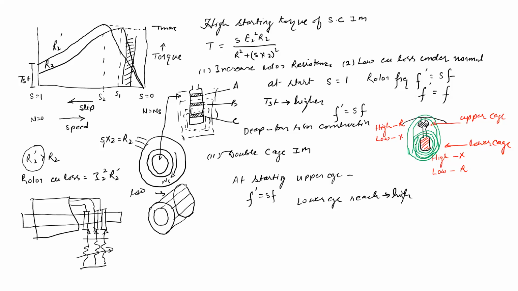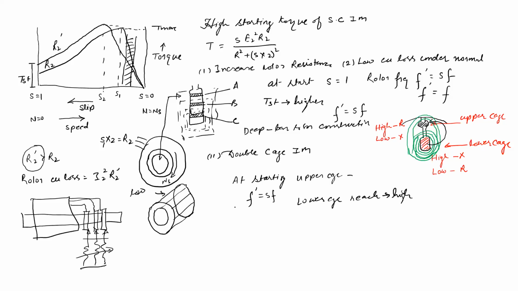When it offers the higher reactance, the current is going to flow through the upper conductors, which have higher resistance. So it is virtually like a higher resistance at the time of starting. At starting, the rotor current flows through the higher resistance part, so it will offer a high starting torque, isn't it?